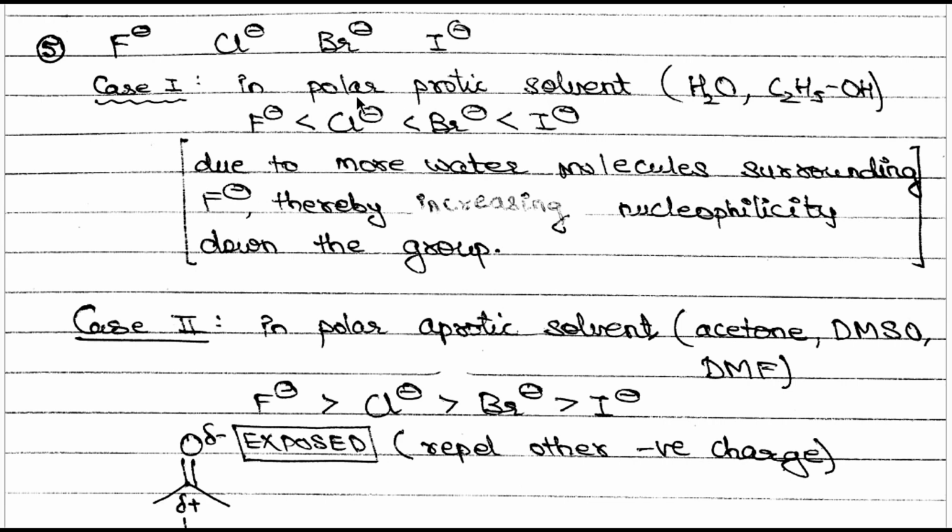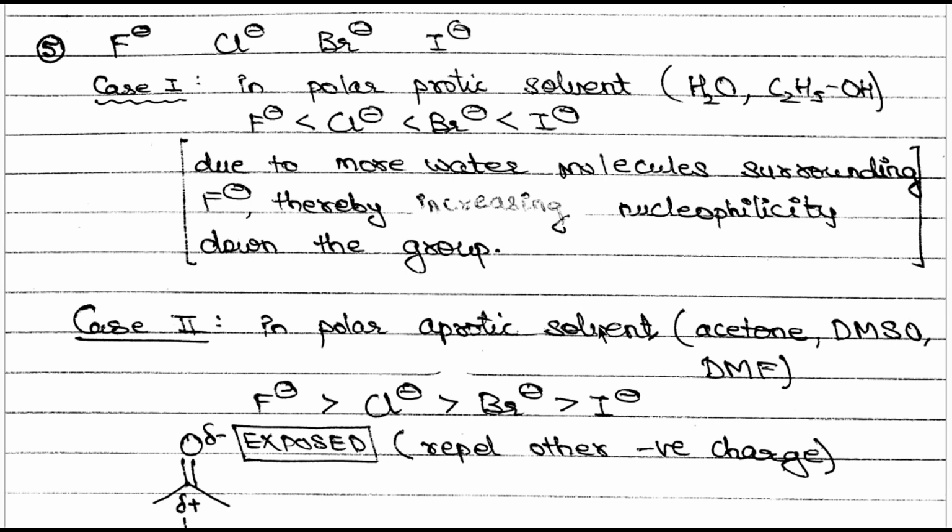From the name itself, polar protic solvents are those solvents which are polar in nature and have a tendency to give away H plus ions, that is protons. So water or ethanol are good examples of polar protic solvents because both have the polar OH group that can be broken down, and the H plus ions could be generated in the aqueous form.